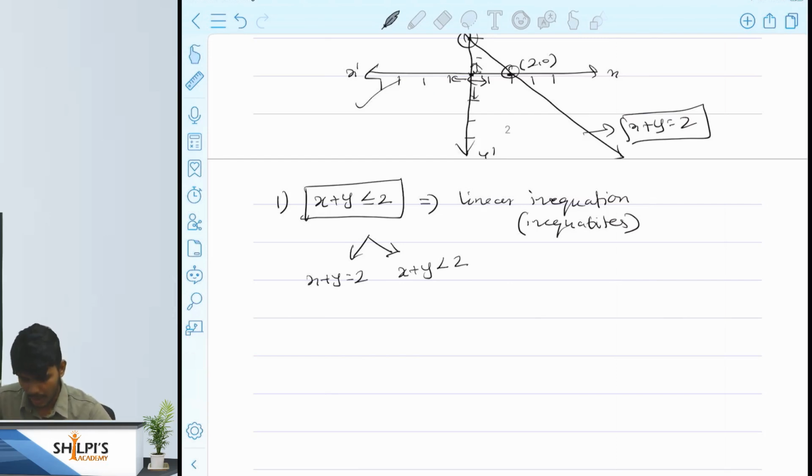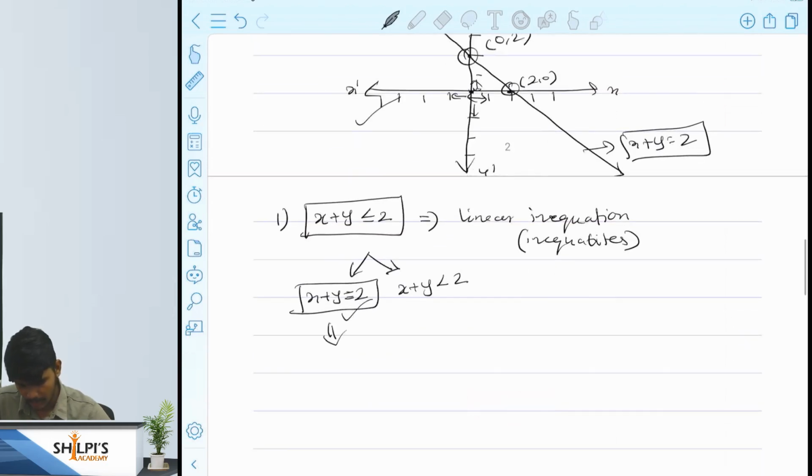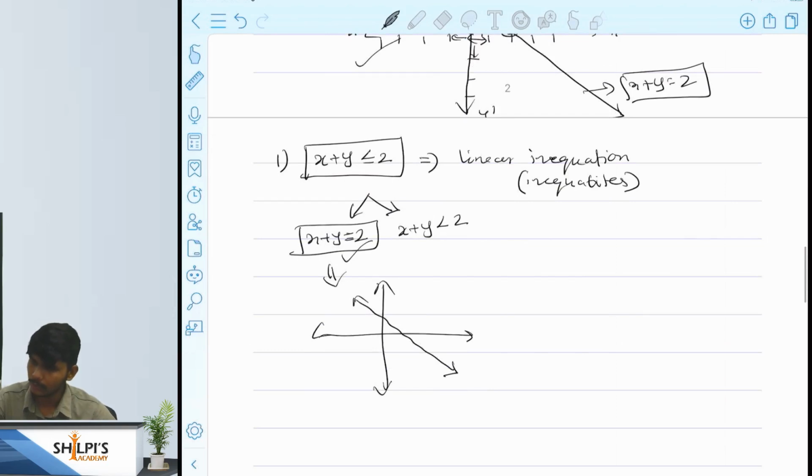After this separation, I will have a linear equation, and you can draw one graph. As we did before, we can draw the graph for x plus y equal to 2.